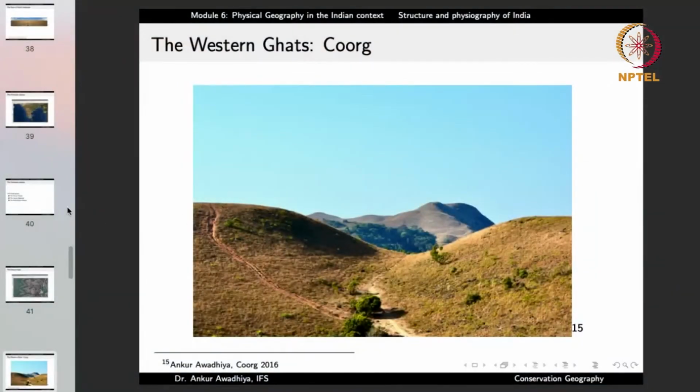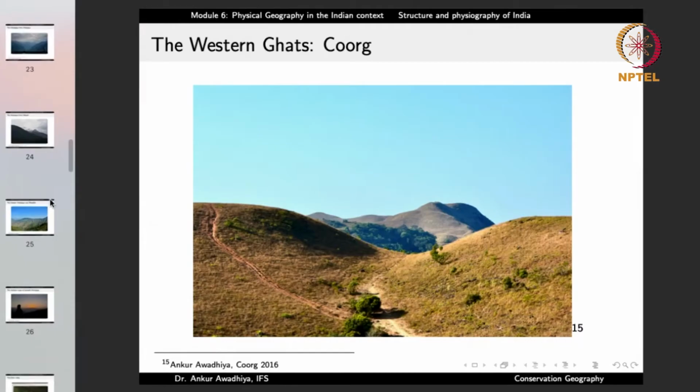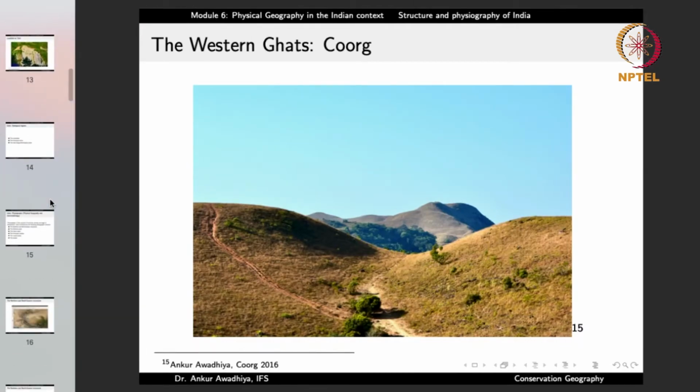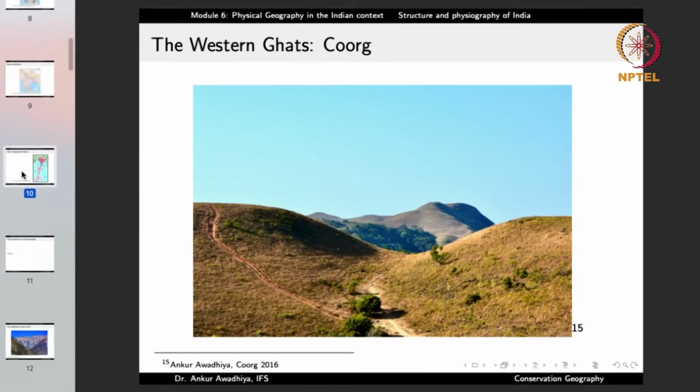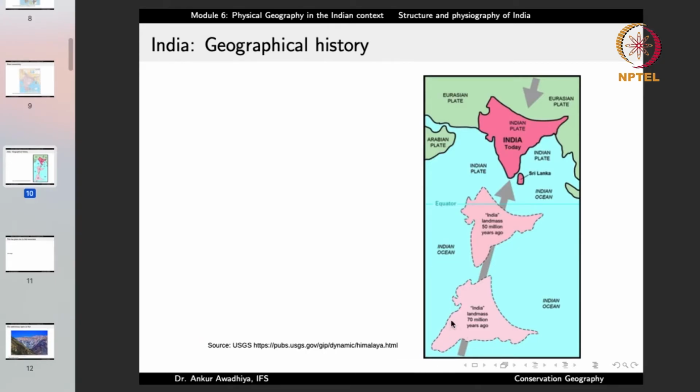So if we look at the history of India, so coming back to that slide, this portion was here even something like 70 million years ago. And so the erosional activities of these areas have been continuing, whereas the Himalayas are recently formed.